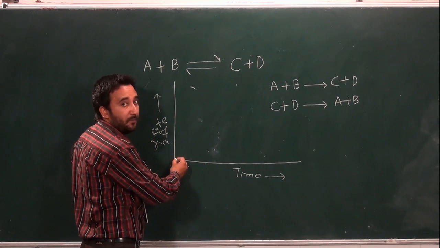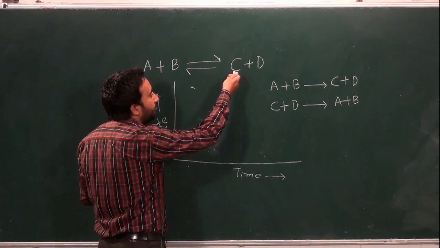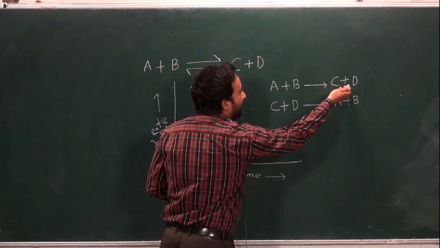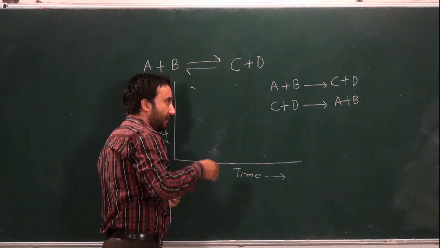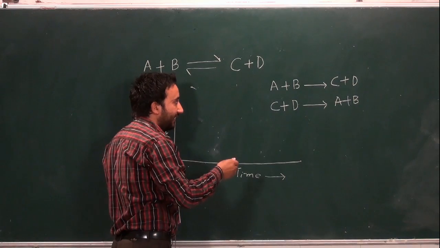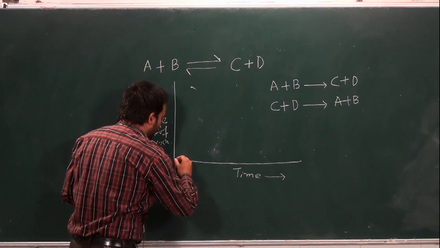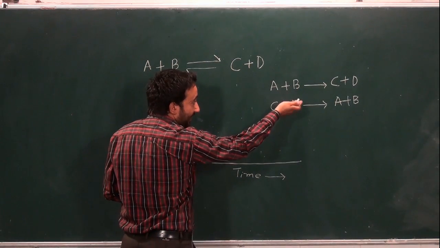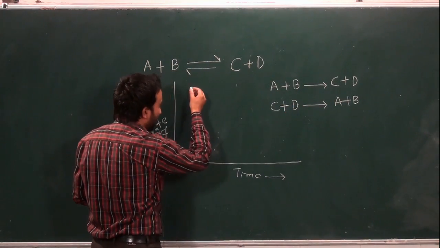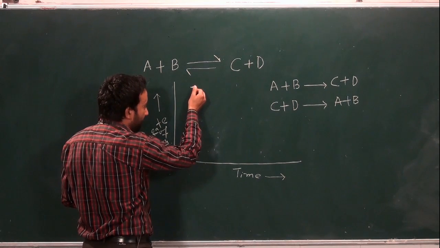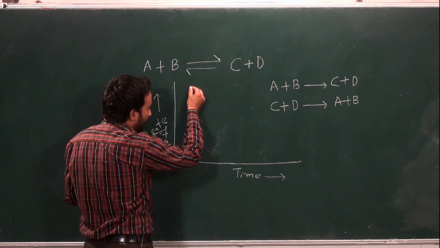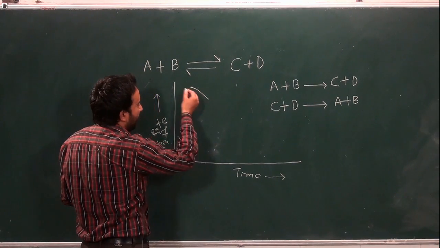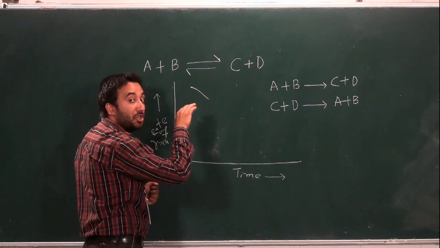But with the passage of time, what will happen? More and more C and D will get formed. When more and more C and D are formed, they will combine and generate A and B back. So this will act as a forward reaction, this will act as a backward reaction. Initially the rate of the forward reaction is maximum, but it will decrease because A and B are getting consumed.